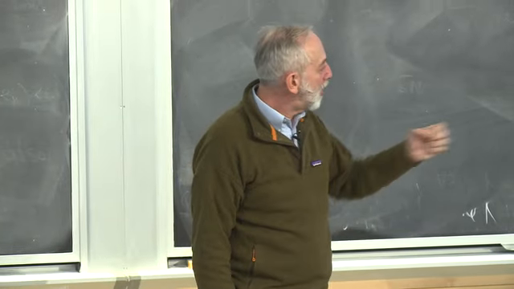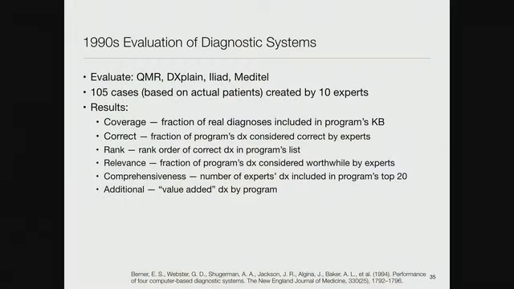There was this paper by Etta Berner and her colleagues in 1994 where they evaluated QMR and 3 other programs. DXplain is very similar in structure to QMR. Iliad and Meditel are Bayesian network, or almost naive Bayesian, types of models developed by other groups. And they looked for results, which is coverage.